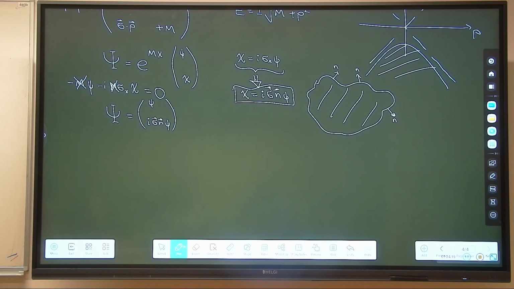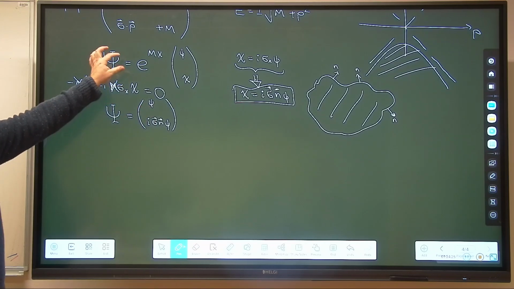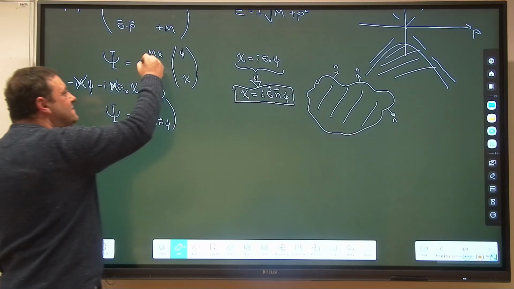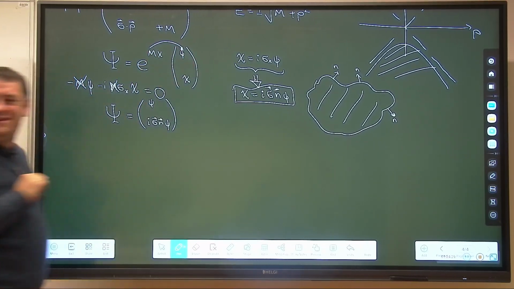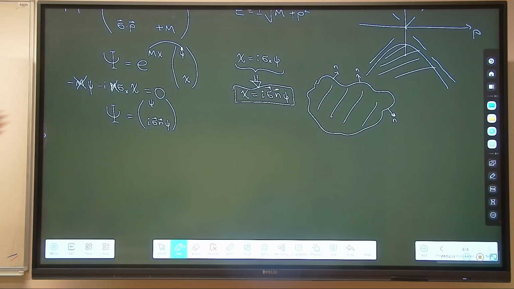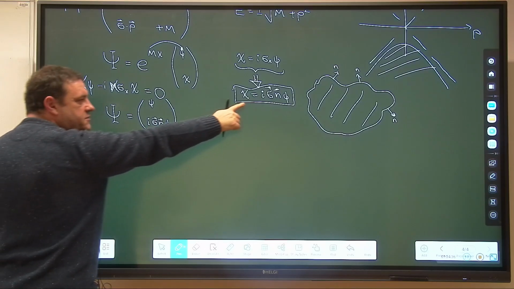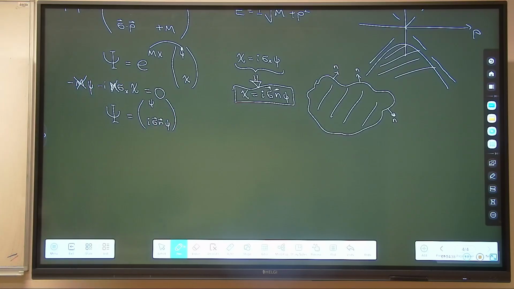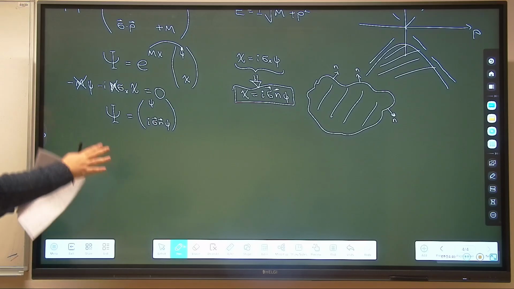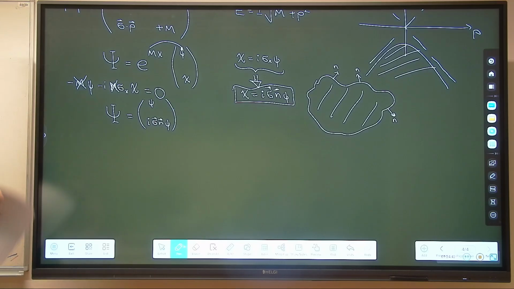I don't like it. If you like it, it is now part of this function. I have hidden it inside this function. So this is, very generally, my wave function that obeys the boundary conditions. And I will act with the Hamiltonian on this function, and I will see what happens.